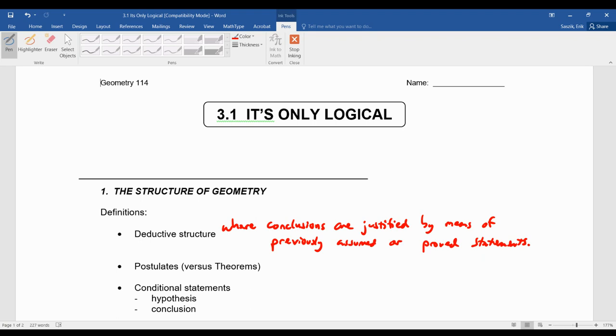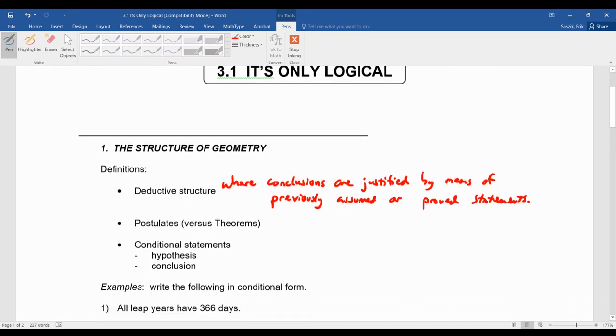So a theorem is a statement that can be proved, okay? A theorem can be proved.